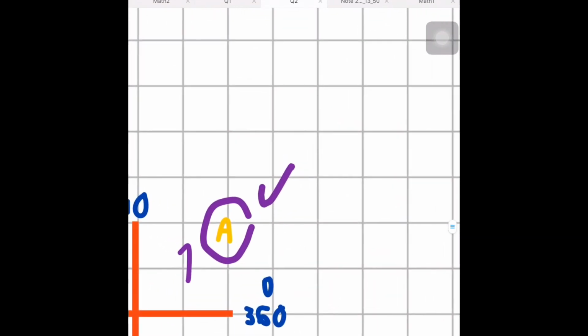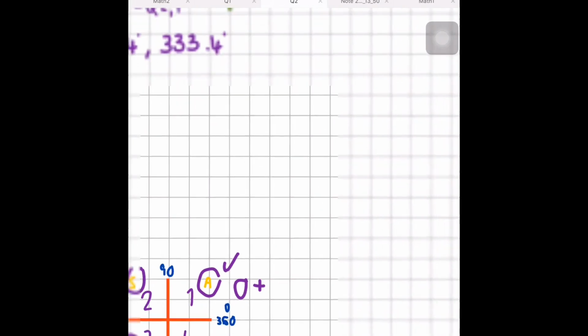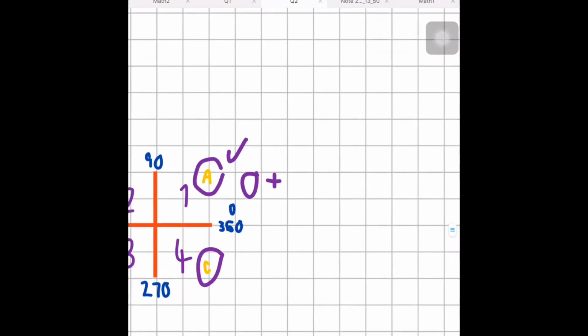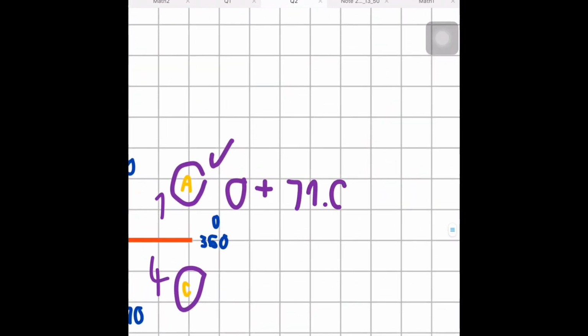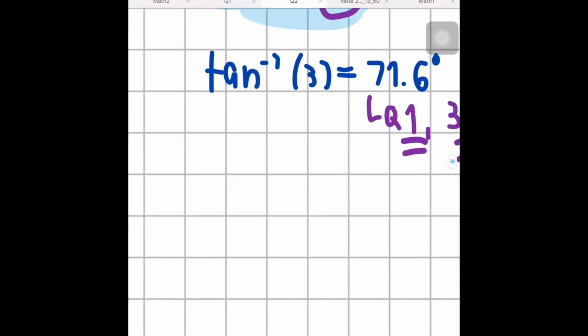To find this, we will use 0 plus 71.6. The result is very easy, it's equal to 71.6.